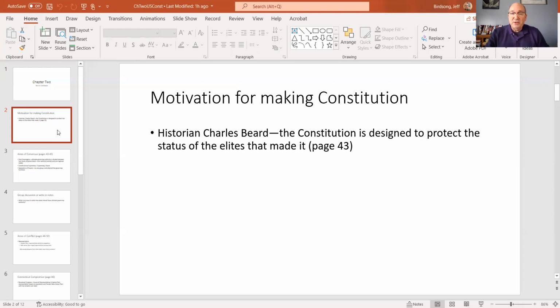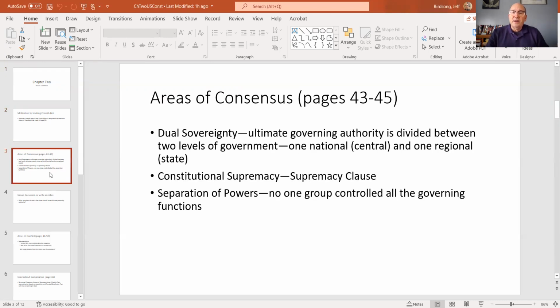I appreciate that your text brings that out, perhaps a bit of a contrarian view about the making of the Constitution. But what we can see here is that there were areas of consensus that the authors of the text point out on pages 43 and 45.